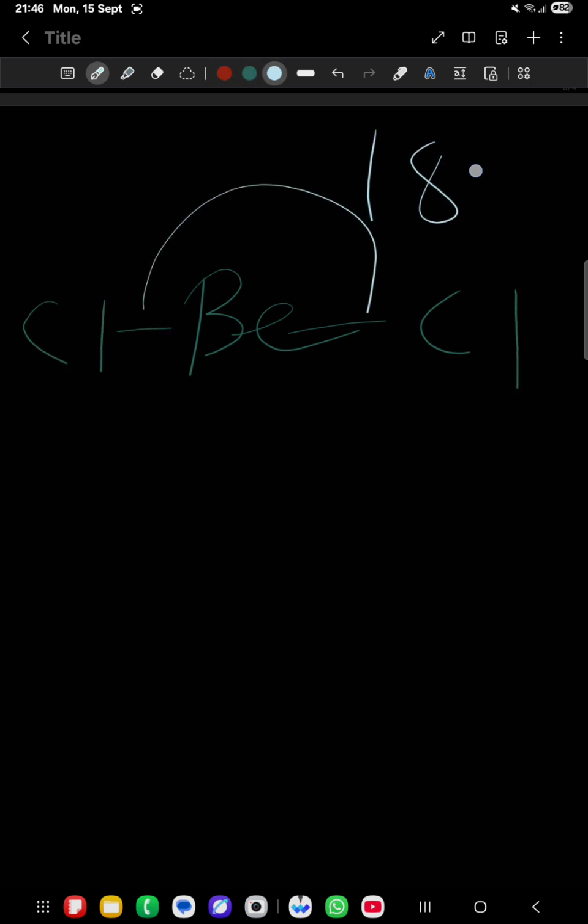Now we can talk about another type of bond angle, that is BeCl2. ठीक है, and the bond angle between them is 180 degree. This is the measurement of arc formed by two bonded atoms, या two bonded electrons. इसको कहते हैं bond angle. So this is all about what you wanted to study today.